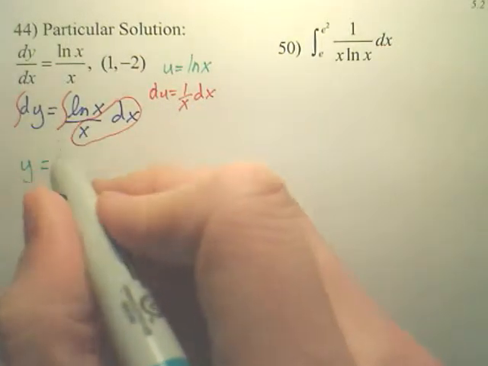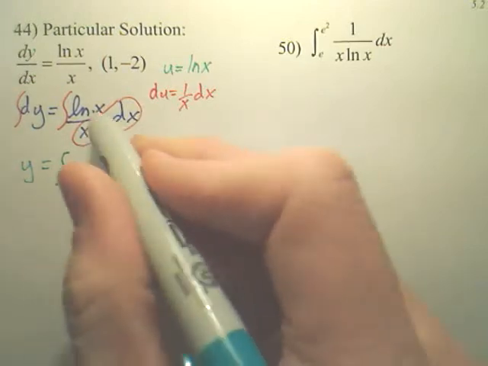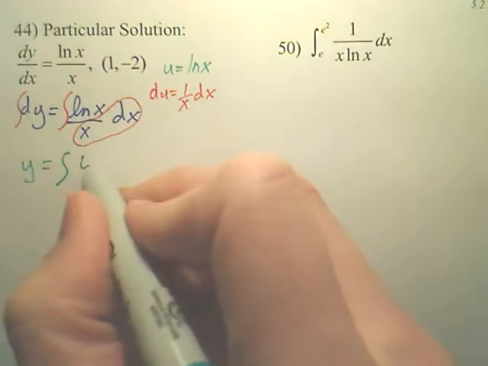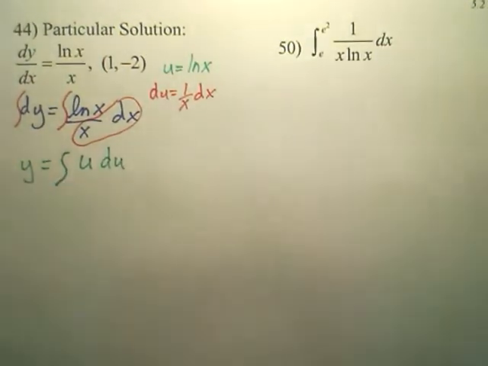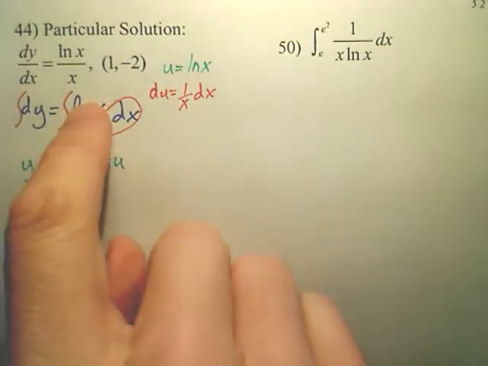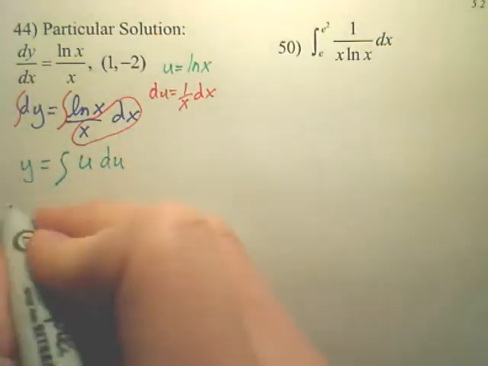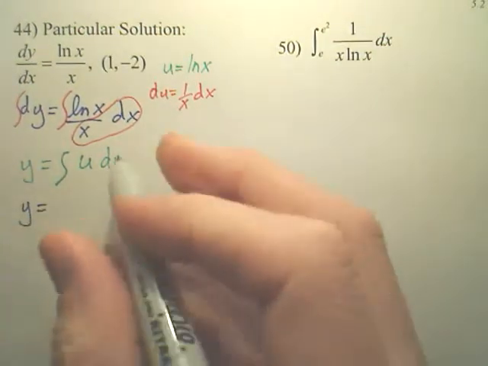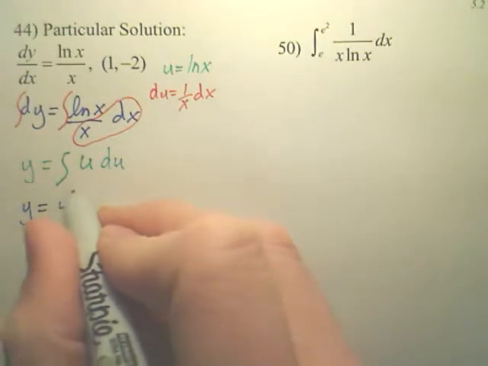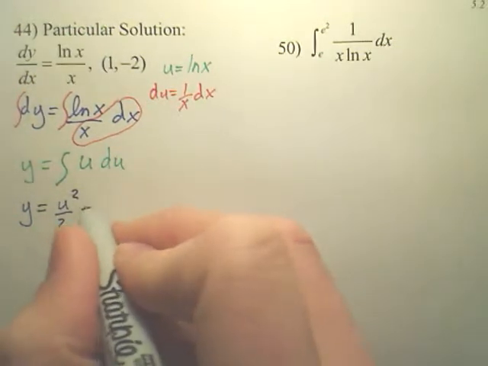We're going to leave this side as an integral for now. It's going to be u du, simply, because ln x is u, and this is du. So we have y equals the integral of u du, which is u squared over 2, plus c.